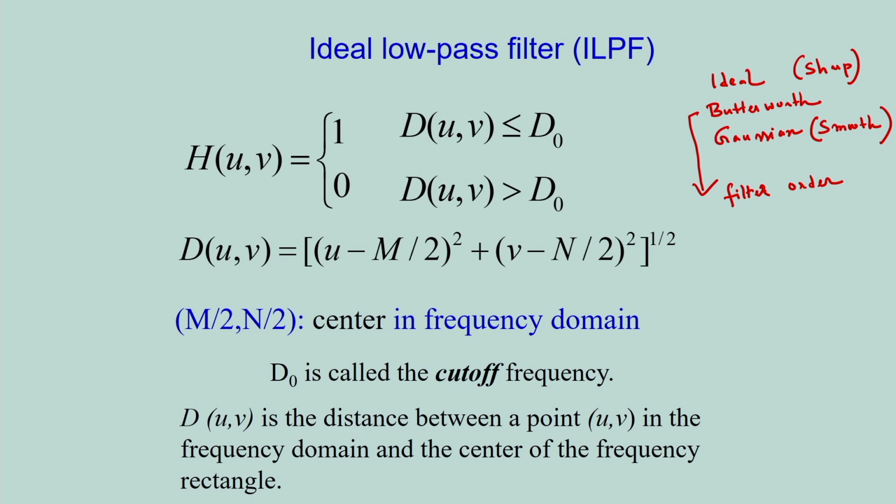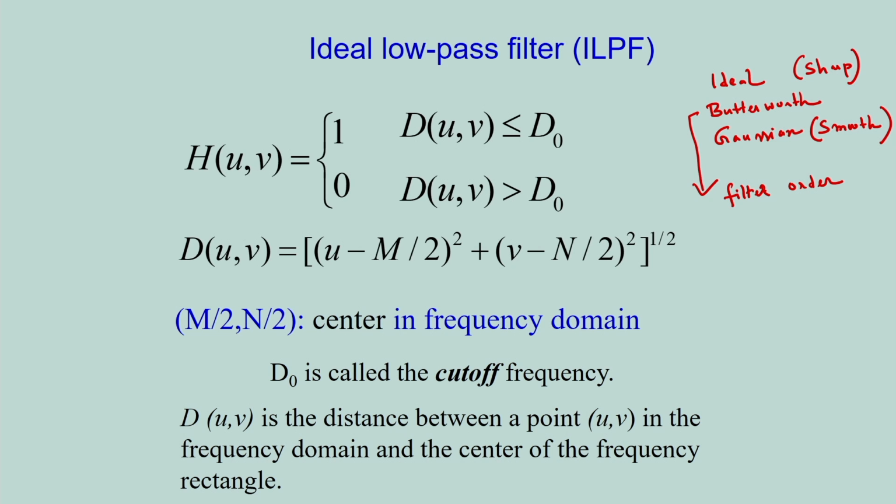For lower order values, the Butterworth filter is more like a Gaussian filter. So the Butterworth filter may be viewed as providing a transition between two extremes: one is the ideal low pass filter, and the other is the Gaussian low pass filter.